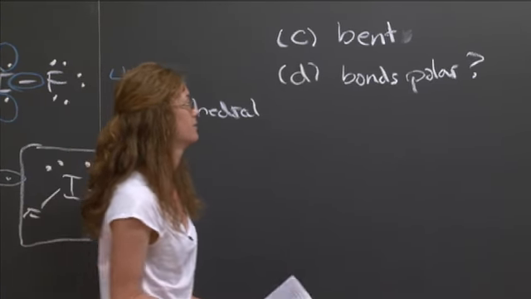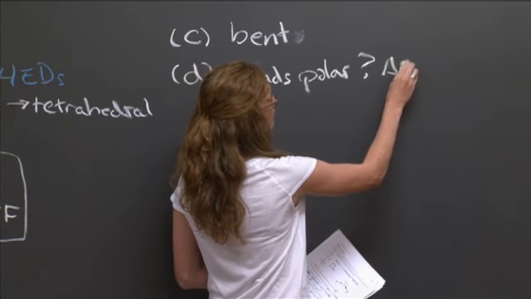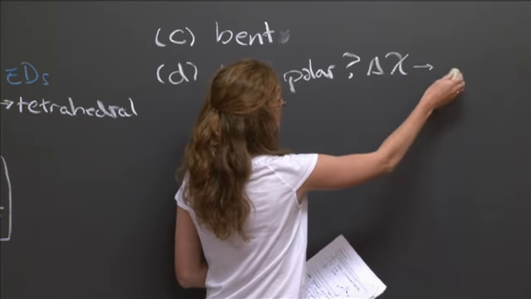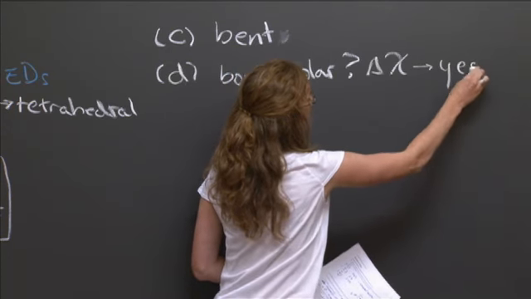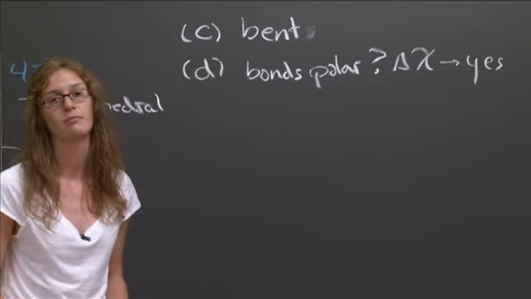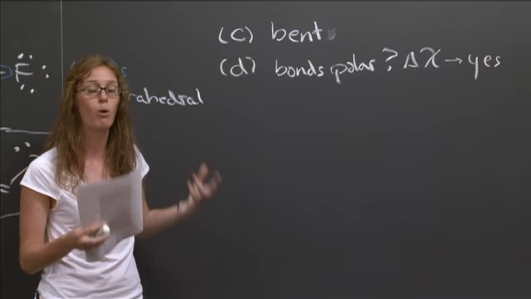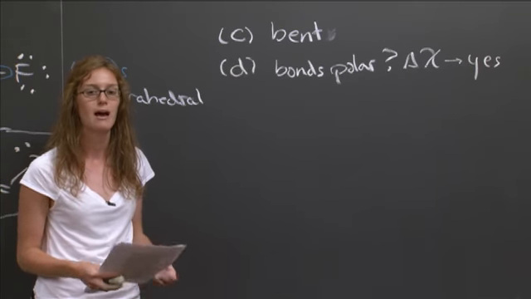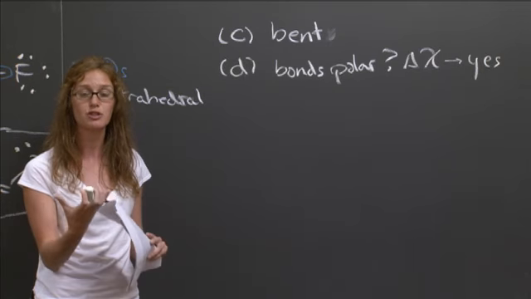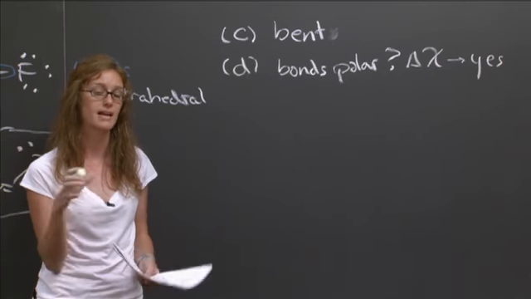And so yes, a difference in electronegativity signifies that our bonds are polar. However, not all molecules that have polar bonds are themselves polar, right? If we have spatial symmetry, those polar bonds could cancel out.